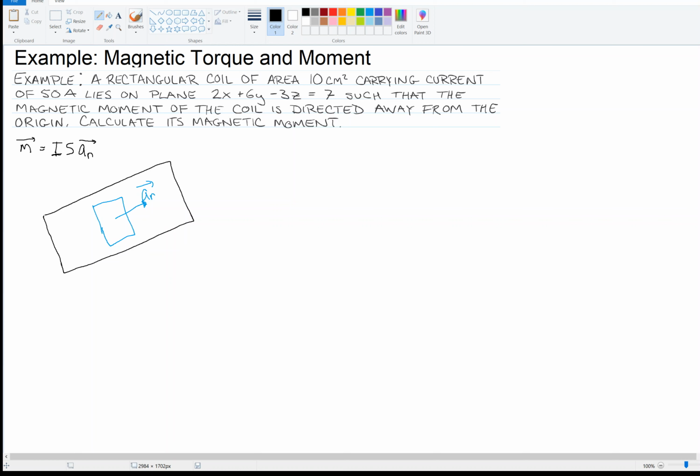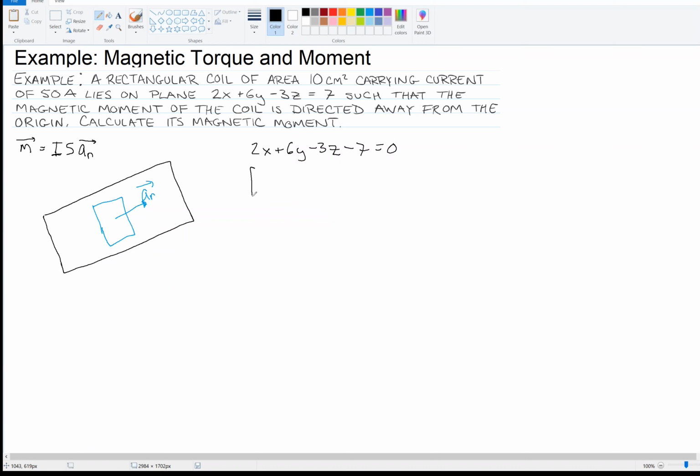So our plane is given by this thing, and if we subtract the 7, minus 7, then we have this. Now I'm going to use the dot product here.